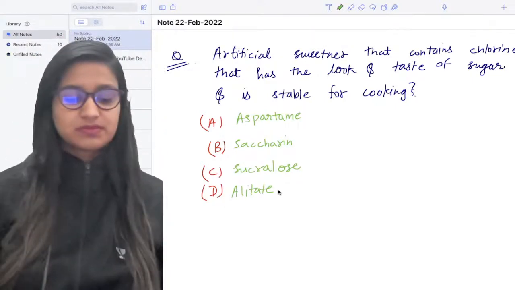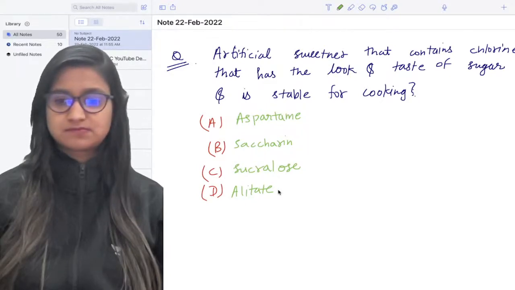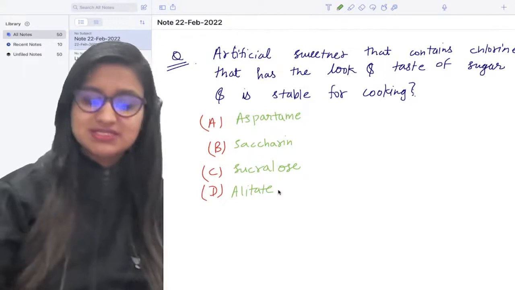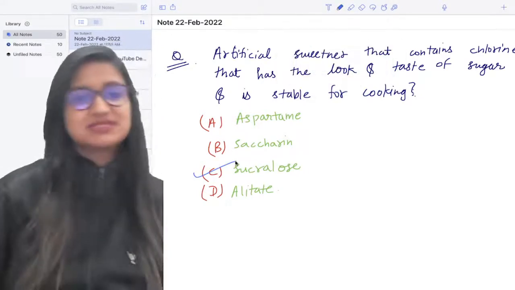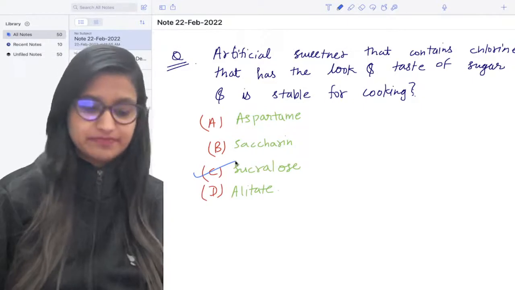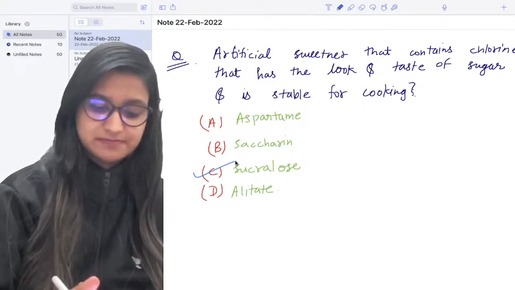So the correct answer is sucralose. This is the right answer. ठीक है?